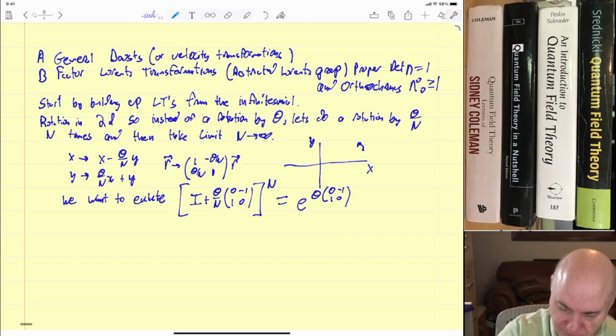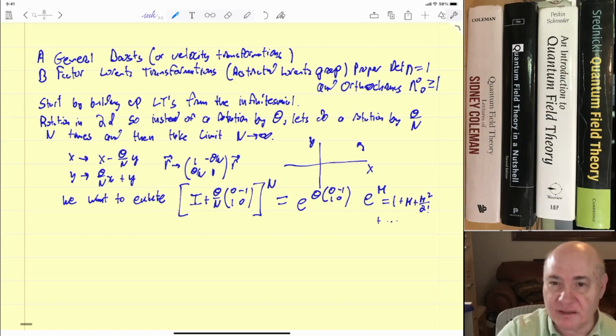And the usual rule for evaluating e to a matrix is to use our basic formula, no different than regular calculus. Now, the trick is always that you find that this particular matrix, if you square it, it's going to be minus the identity or whatever it is.